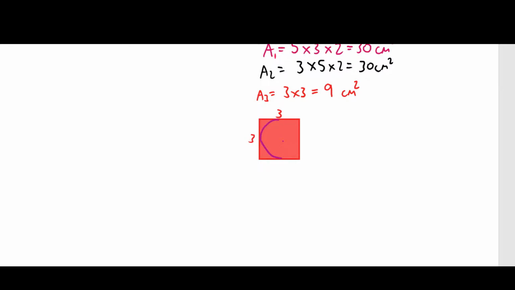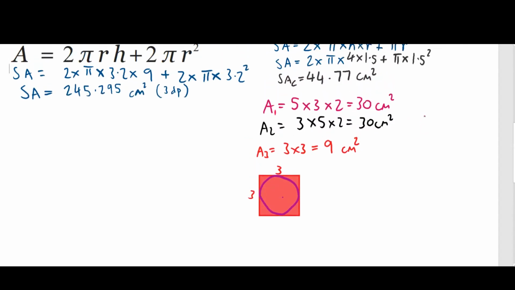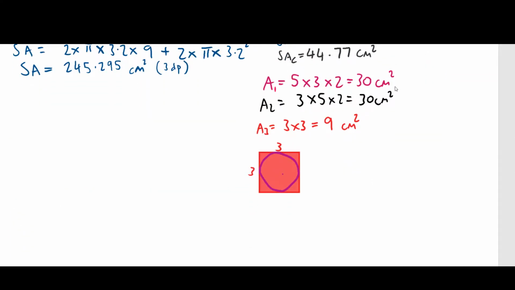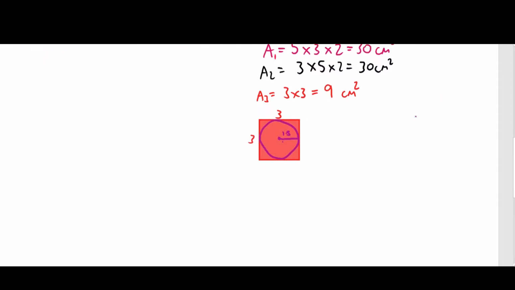All right, this cylinder there has a radius of 1.5. Okay, a radius of 1.5, and what we need to figure out is what this area is, this bit showing.